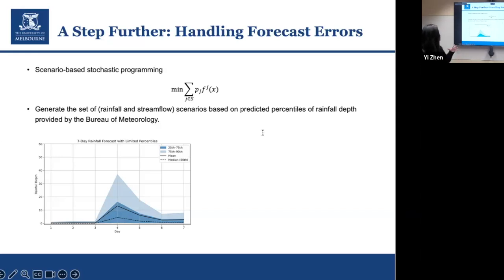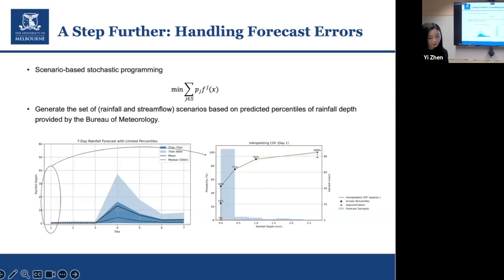We generate the set of rainfall and streamflow scenarios based on the predicted percentiles of rainfall depths provided by the Bureau. So basically each day we get from the Bureau the expected rainfall, which is denoted by the solid red line, and also the 25%, 50%, 75%, and 90% percentiles for each of the 7 days.